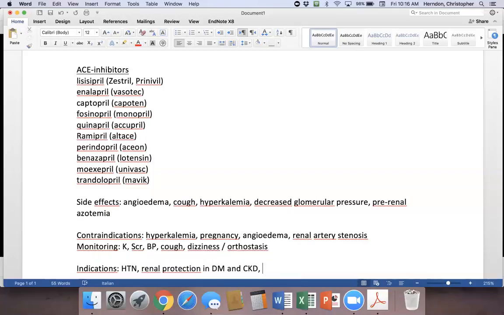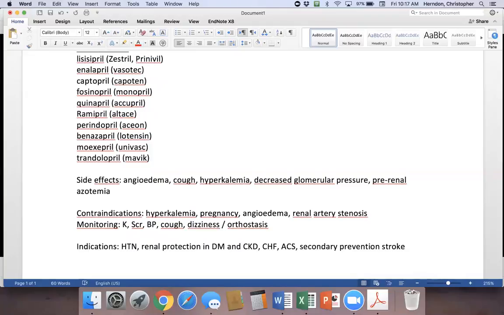Heart failure. Okay, thank you. What else? Like ACS, like MI. Thank you, ACS. And does everybody know, is this ringing a bell? Okay. And what else? Secondary prevention of stroke, right? Aren't all post-stroke patients supposed to be on an ACE inhibitor? Are we missing anything? We probably got them.